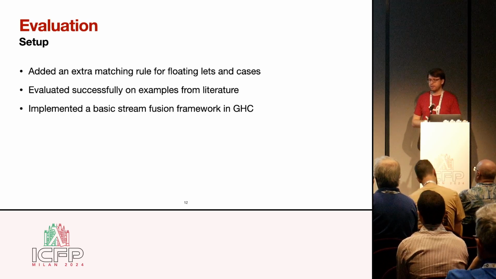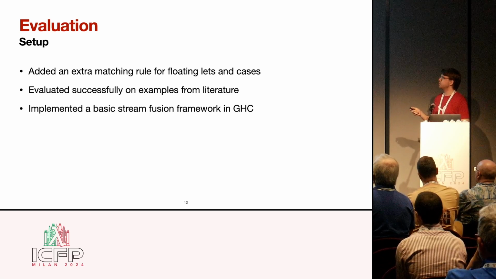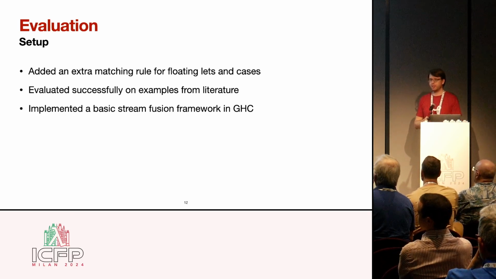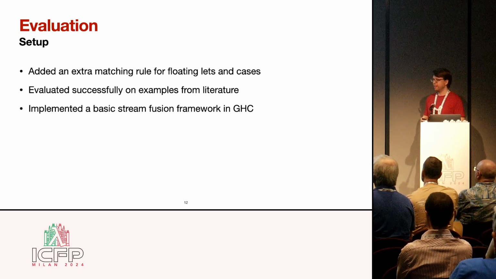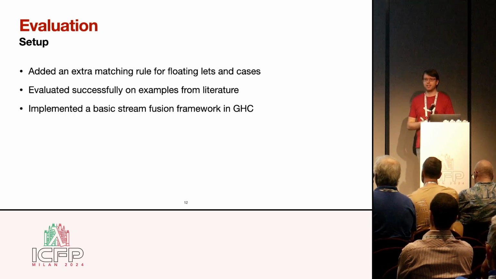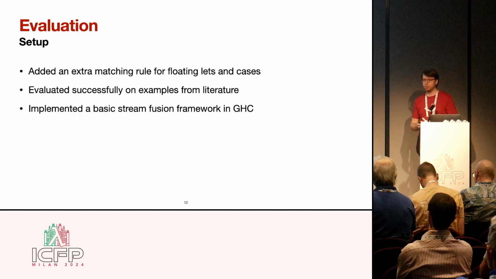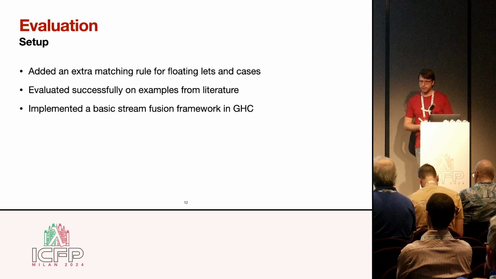To evaluate my system, I first needed to make an additional small change to the matching rules of the rewrite rule engine, which has to do with floating lets in cases. I mentioned in the beginning that we can float out lets if they don't mention any local variables, but in some cases they do mention local variables, and then we can instead float them inwards.